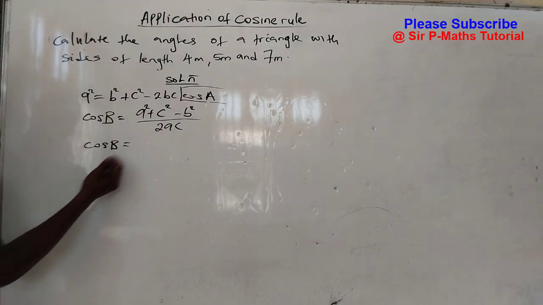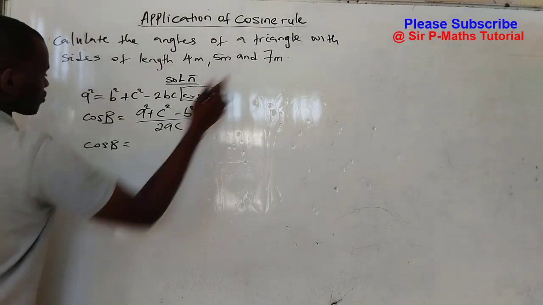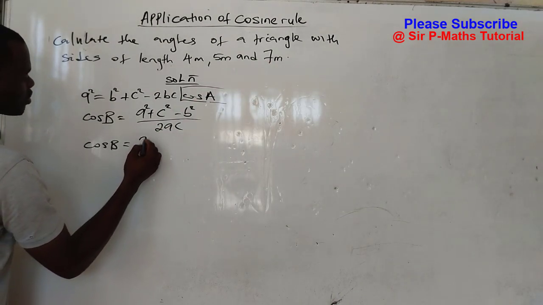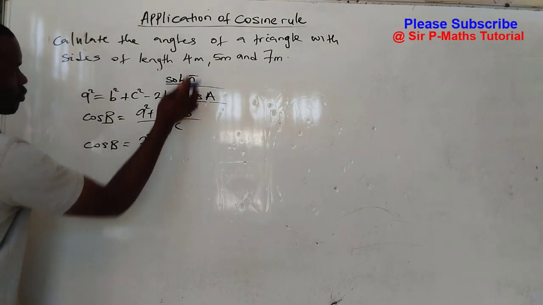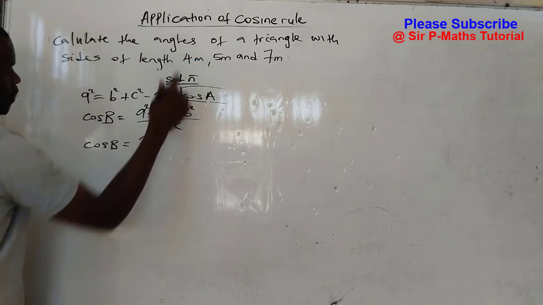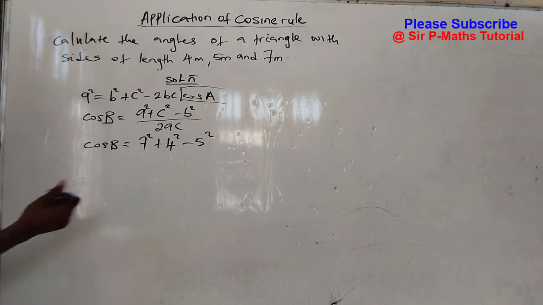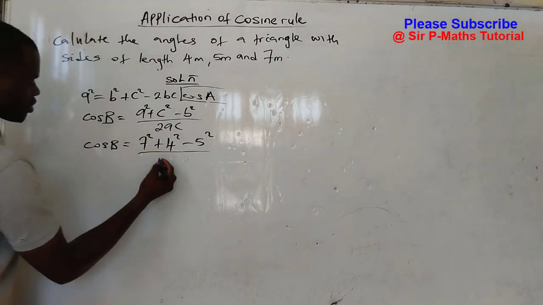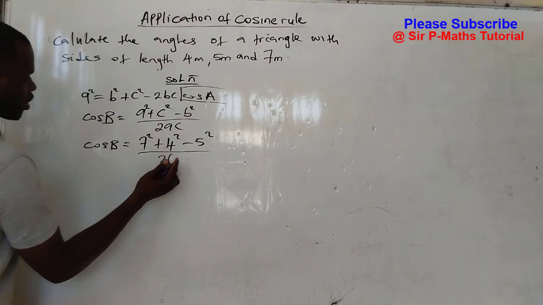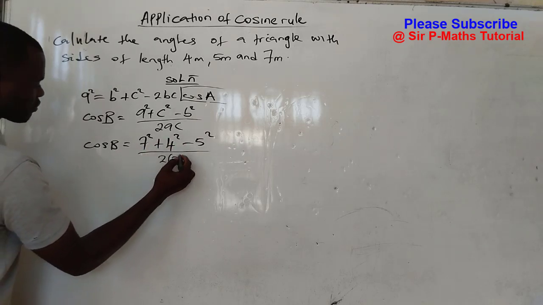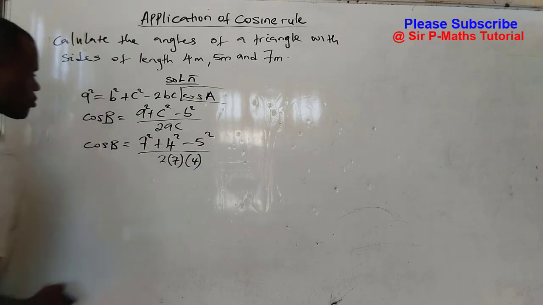Cos B is equal to, we started with 7, so let's continue with 7. 7 squared plus, we have subtracted this one, therefore we will not subtract it again, we'll subtract 5. You can rewind the video and observe it very well. And then this and this will come down, 7 and 4.